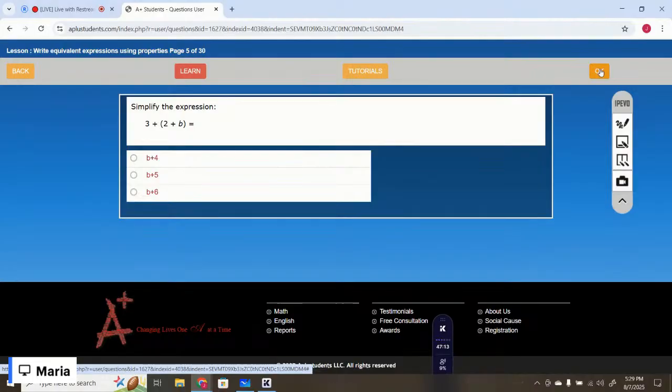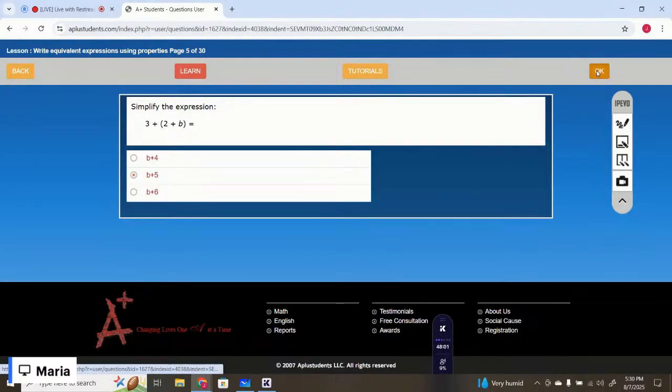Simplify the expression 3 plus 2 plus B. So which is the correct option? That is B plus 5.